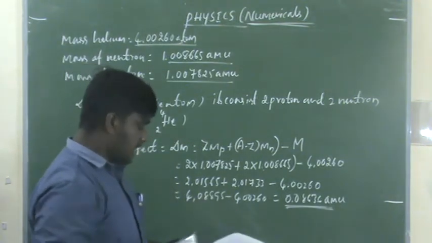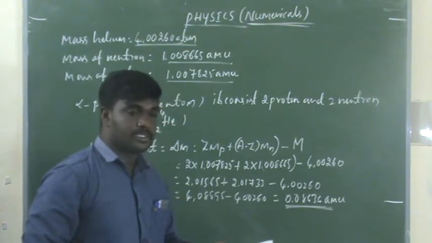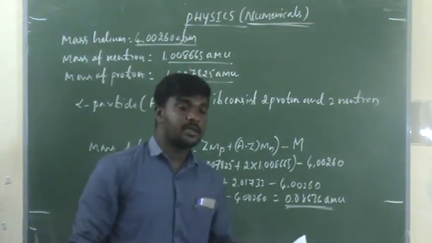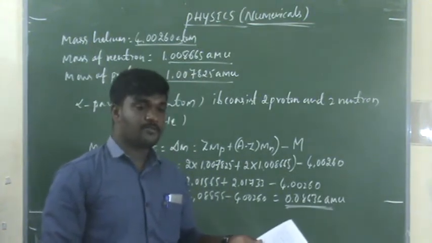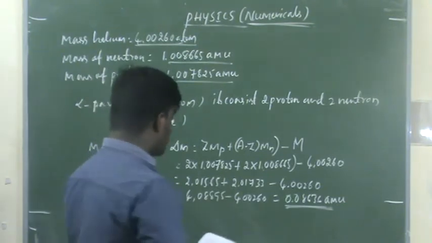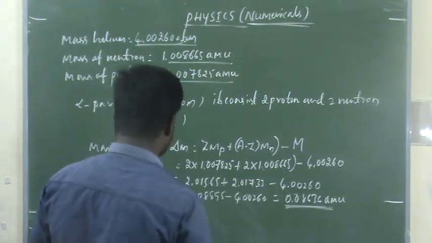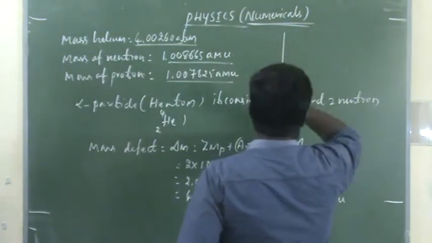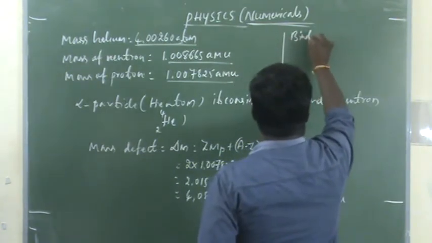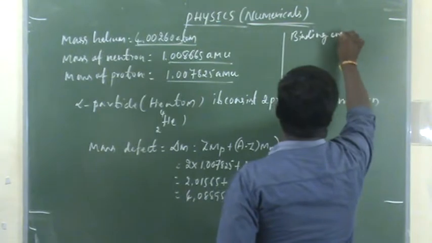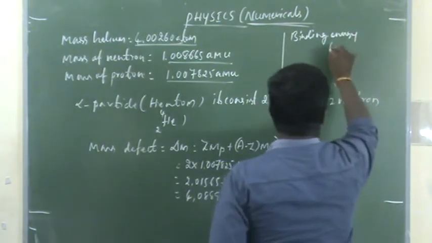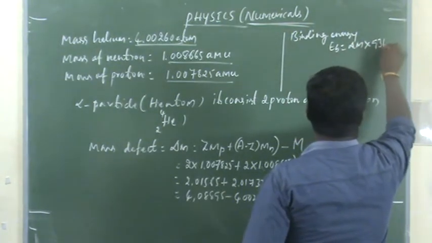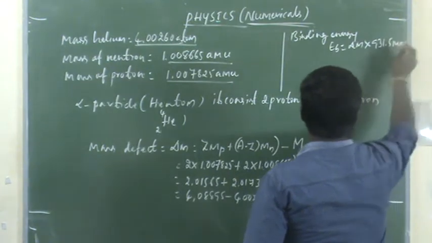Clear? So next, calculate the binding energy. You know the formula for binding energy? Binding energy is equal to delta M into 931.5 mega electron volts. Substitute that. Binding energy, denoted by EB, equals delta M into 931.5 mega electron volts.